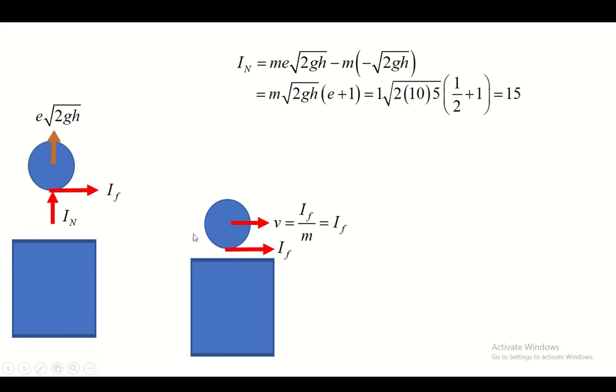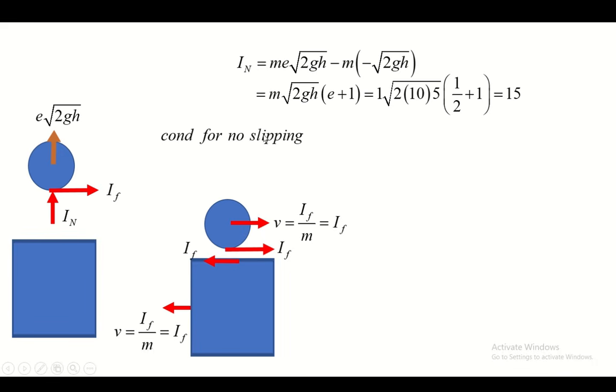Initially there was no momentum, so final momentum is m into v, that is IF. Since m is given as 1, the velocity it acquires is numerically equal to the impulse of friction. Similarly, the reaction of this IF will act on the block, and since the block also has the same mass, 1 kilogram, it will acquire the same velocity as the sphere, but in the opposite direction.